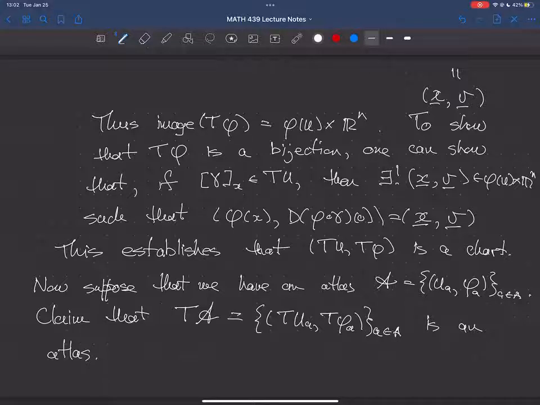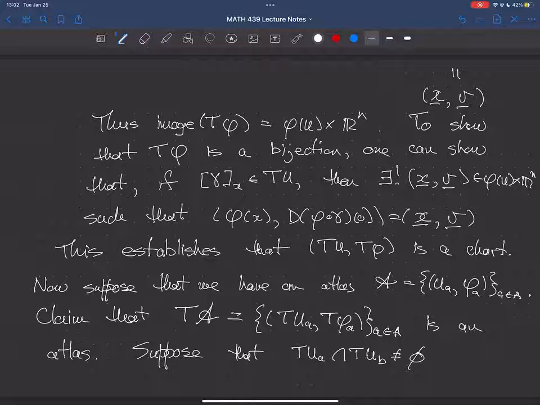So to show that this is an atlas, what do we need to do? We need to show that if you take two charts from here that intersect, charts TU_A and TU_B, those intersect if and only if U_A and U_B intersect. So suppose that TU_A intersect TU_B is non-empty.